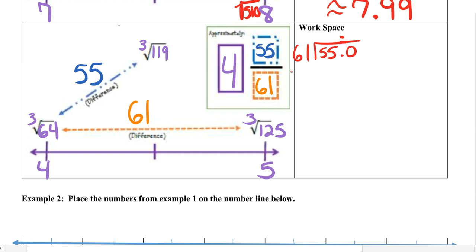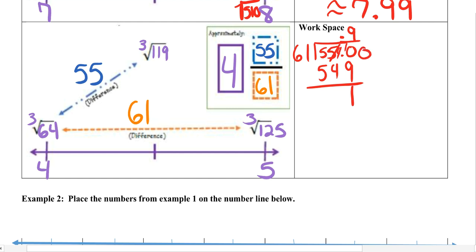okay, 61 into 550 is about 9, and so 9 times 1 is 9, 9 times 6 is 54. So if we borrow, that would be 1. Okay.